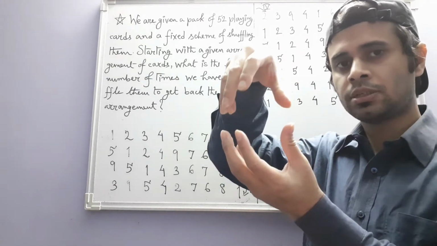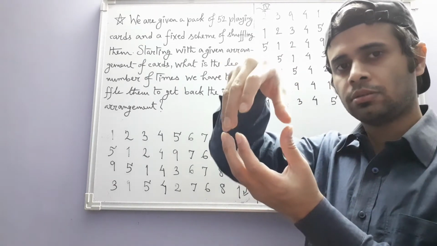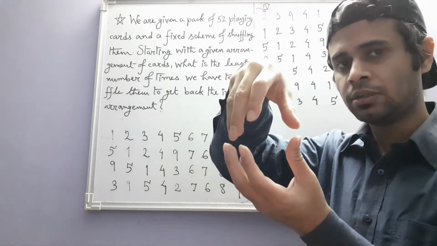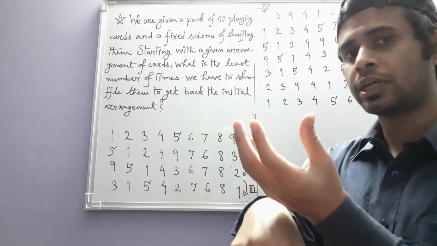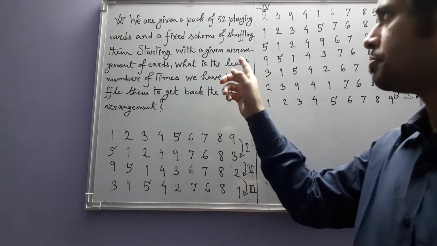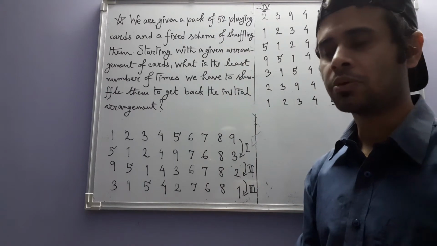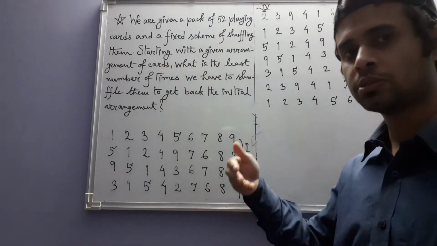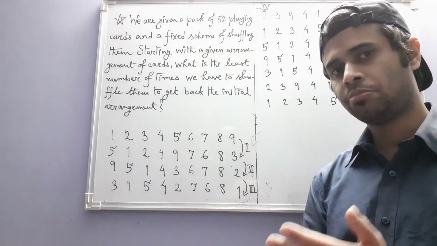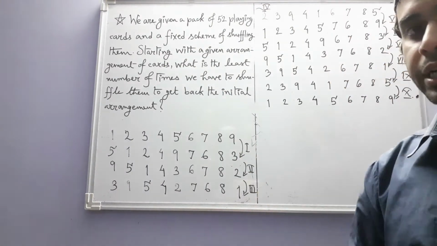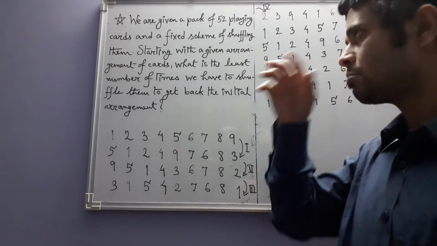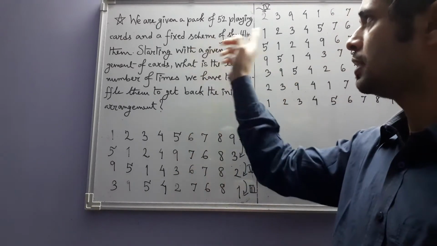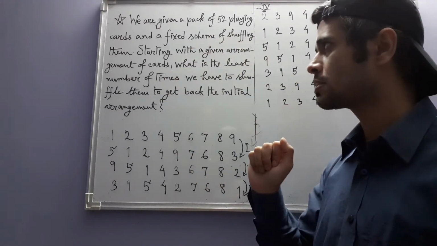The one which is on top of the other one now comes below that one. Or it may be something more complicated than that. Say the first card goes below the deck all the way down, maybe something like that. So a scheme of shuffling is given to us.